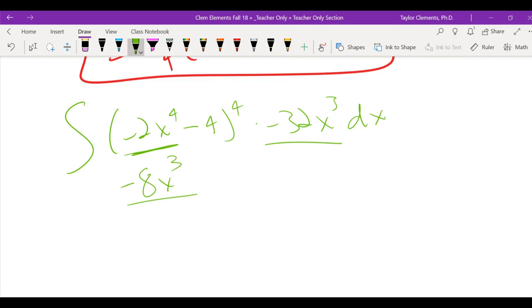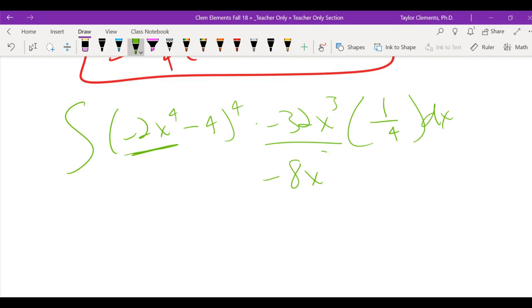So the question is, how could I make negative 32 look like negative 8? Well, I need it to be a fourth of that, right? So negative 32 times a fourth, also called divided by 4, would get me negative 8x cubed.